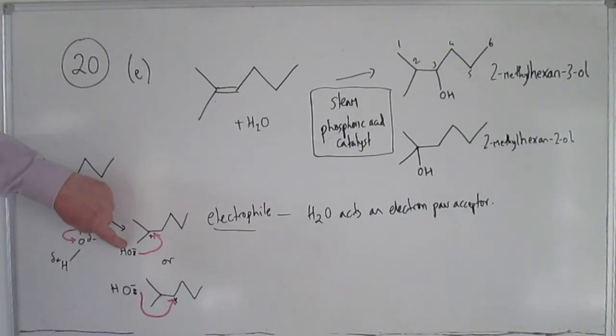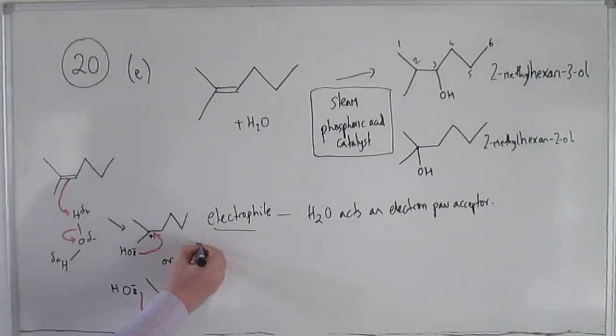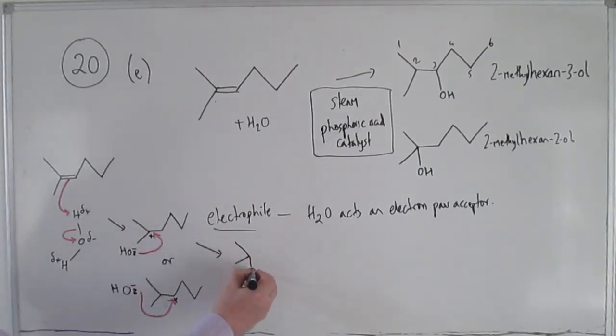Okay, so curly arrow going from the lone pair directly to the positively charged carbon like that, and that gives you your alternative products. So if it goes via this top intermediate, you'll get OH attached there, and if it goes via the bottom one, you'll get OH attached there.